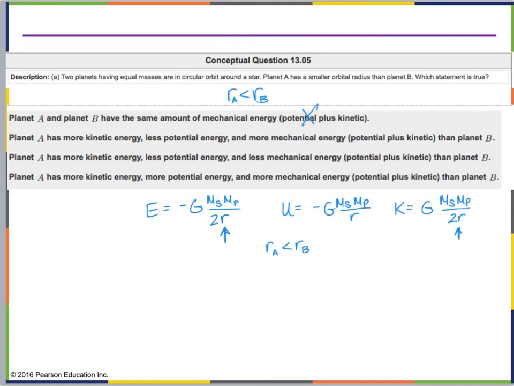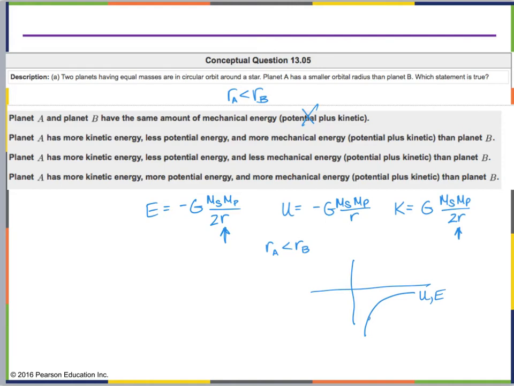Okay, so now I have to figure out what also is true. So what about potential energy? Again, this is where the graph is going to come in handy, because this is the graph that generally tells me what energy and potential energy look like.